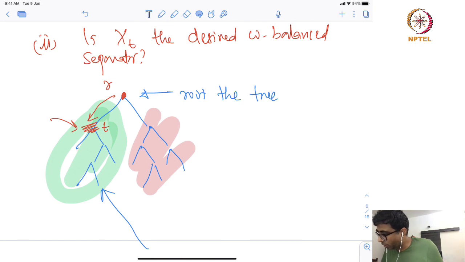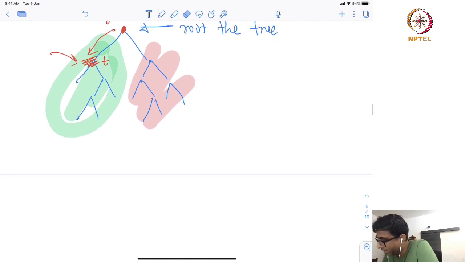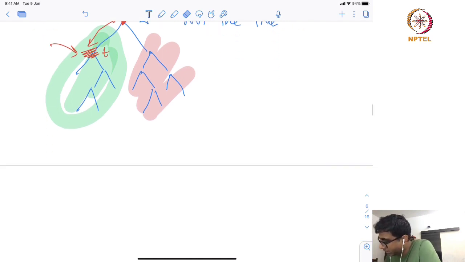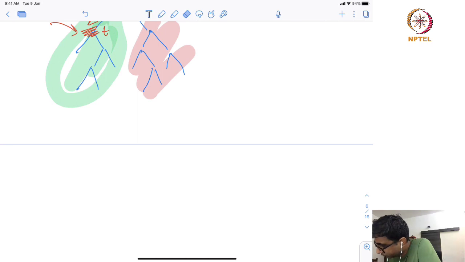Okay. So now what happens is the following. Now you delete xt. The moment you delete xt, what happens? Okay.